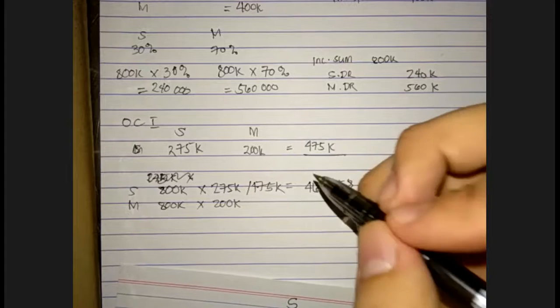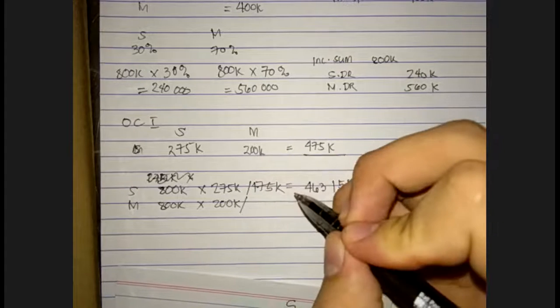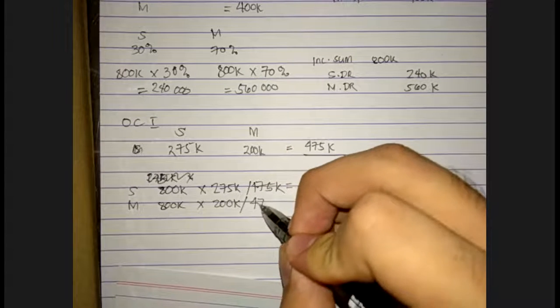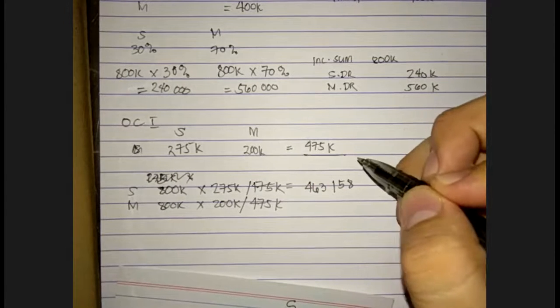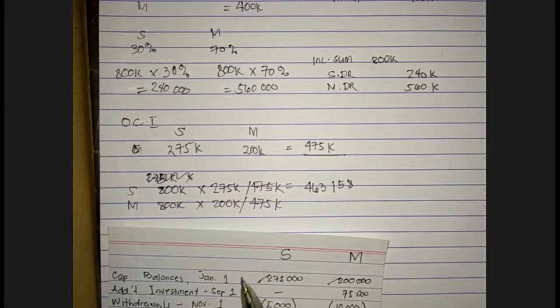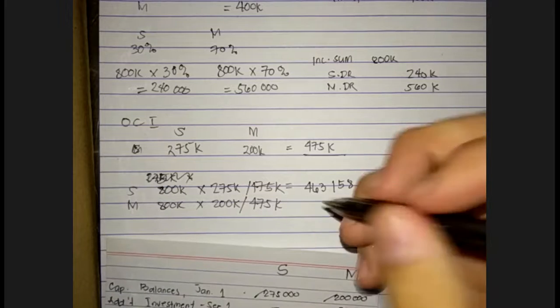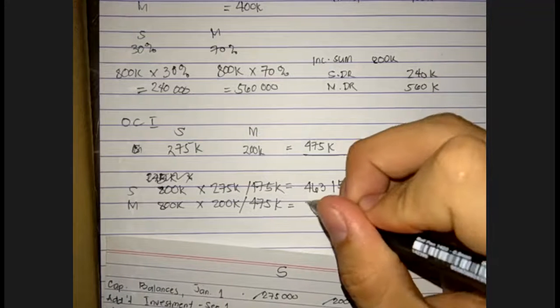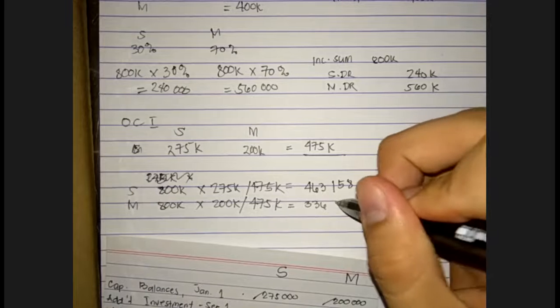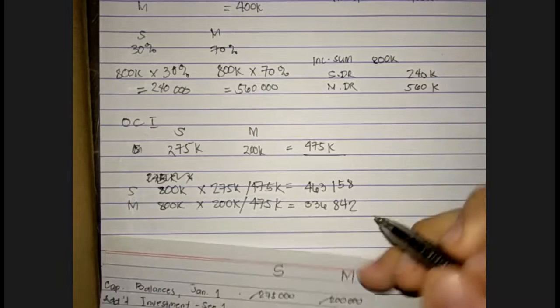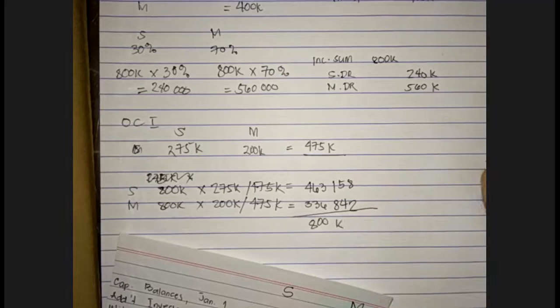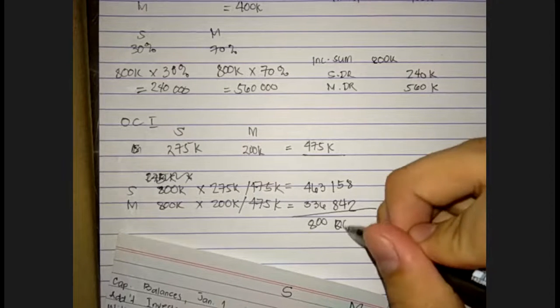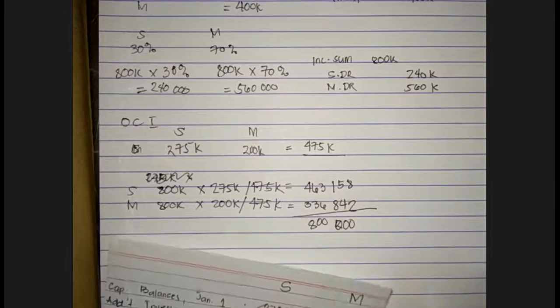Ayan. And kay M naman is 800,000 na profit, multiply natin ng 200 na OCI, yung original capital investment natin, divide kay 475,000 na total ng dalawang OCI ng dalawa is equal to 336,842. Kung mapapansin nyo, ang total ng dalawang ito is 800,000 yan. Ayan.